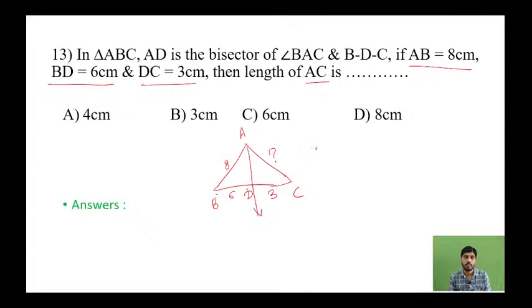We know the formula: AC upon AB will be equal to CD upon DB. AC is the unknown term, upon AB, which is 8, will be equal to CD upon DB, that is 3 upon 6.